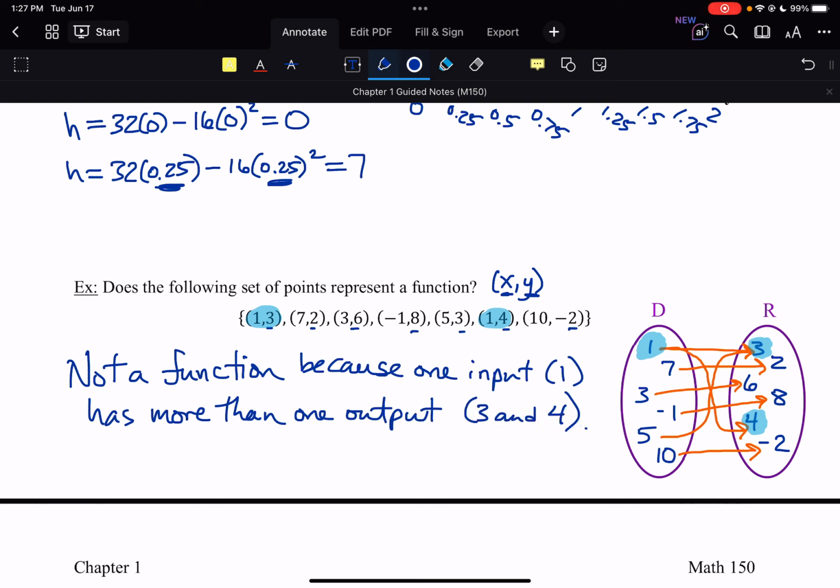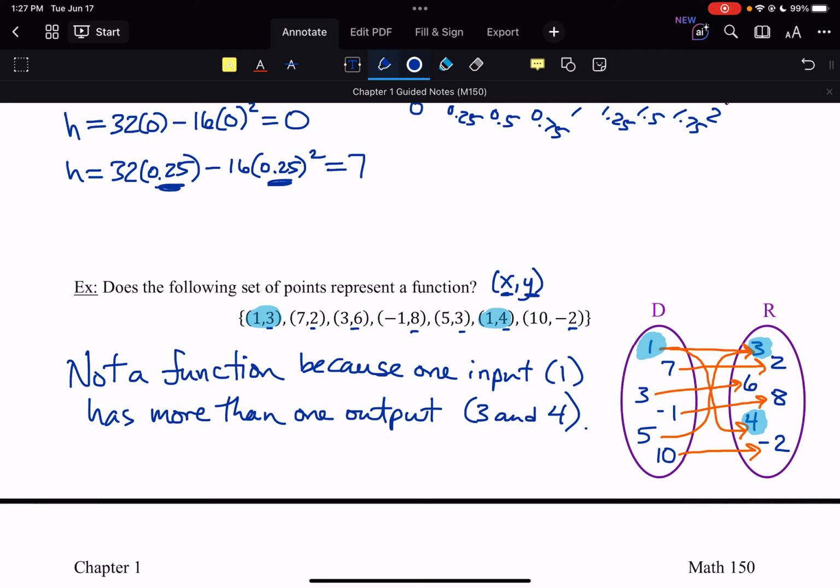And that was 3 and 4. Okay, so those 2 points create a problem because we have one input going to 2 different outputs, and that cannot result in a functional relationship.